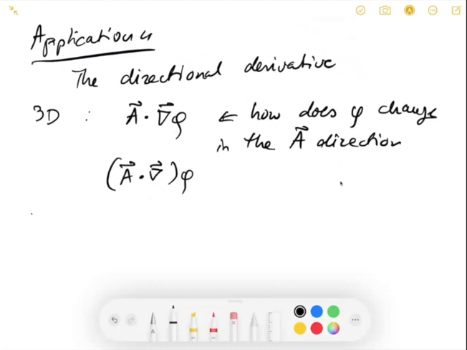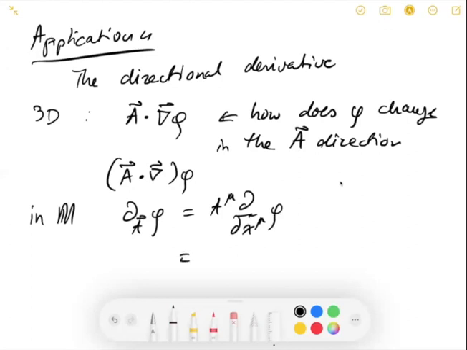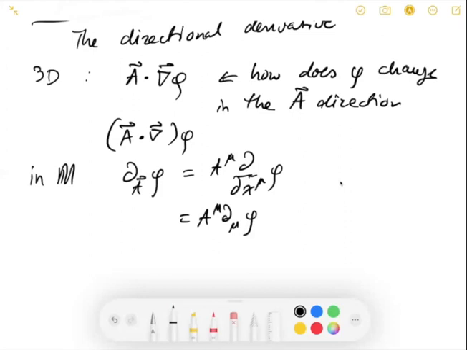So in Minkowski spacetime, we write that as del A of phi, which is A mu d/dx mu of phi, or A mu del mu phi. So it's the same. This is the directional derivative. There is a dot product there, right?